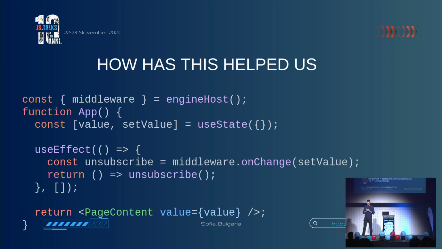We're handling our communication layer between the control panel and the iframe, which holds a preview of our email campaign, through an observable. We're not performing any modification of data. We're receiving it raw and syncing it to our React application through a useEffect that stays subscribed to the middleware exposed by what we call an engine. And then that data gets passed to the page content.